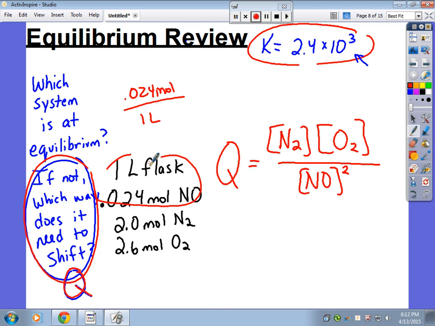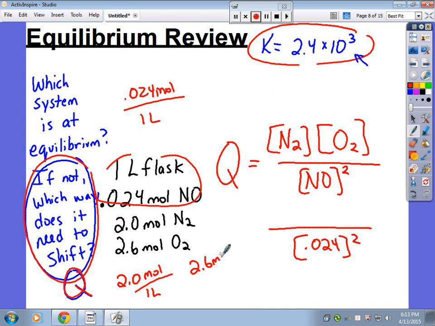And so I know for a fact that I'm going to have 0.024 down here, and my directions say to square it. Correct? Now, what do I do for N2? I have 2 moles of N2 over 1 liter, and I have 2.6 moles of O2 over 1 liter.